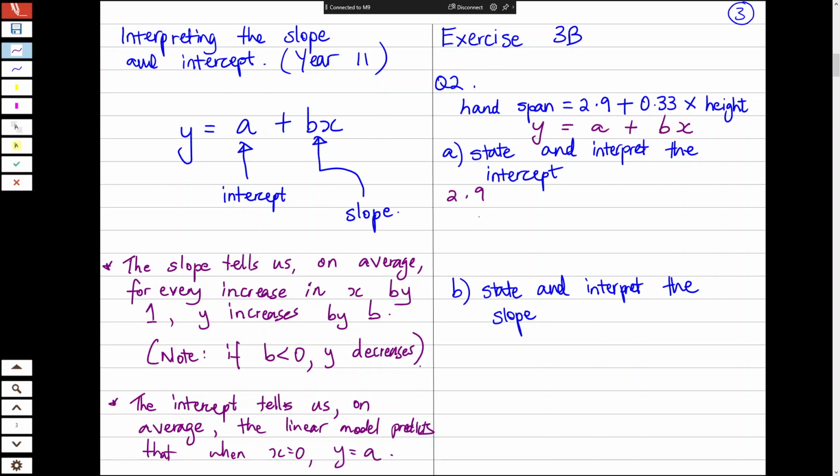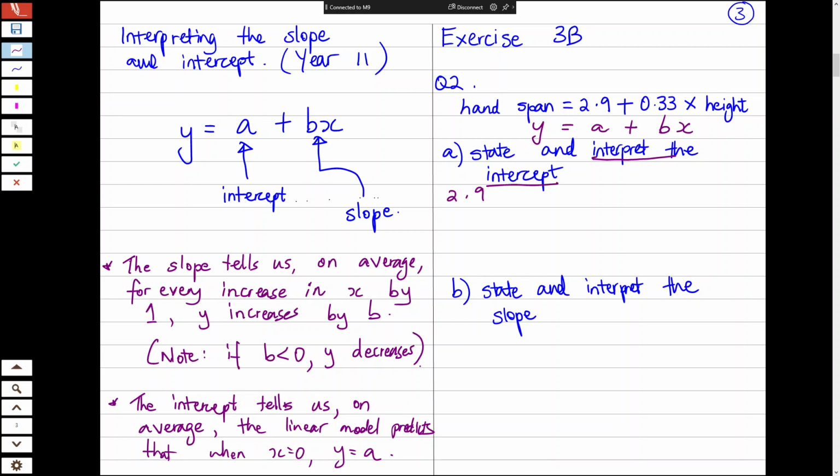So what is it actually saying in terms of the relationship between handstand and height? Okay. So this is an exam question. Interpret the intercept. So this would be worth 1 mark. All right, and you either know the sentence or you understand it well enough to reproduce the sentence, or you don't.